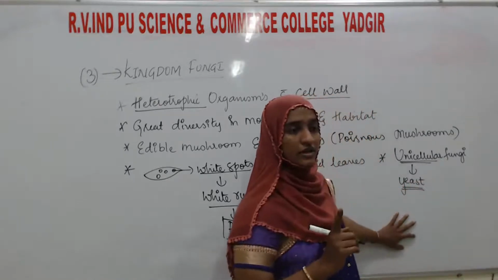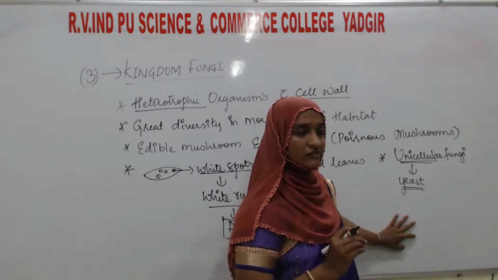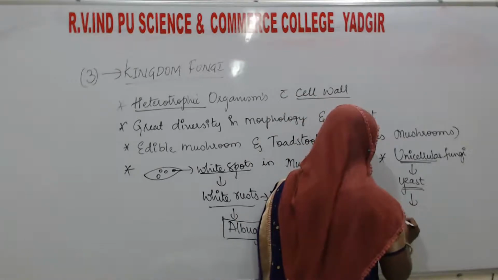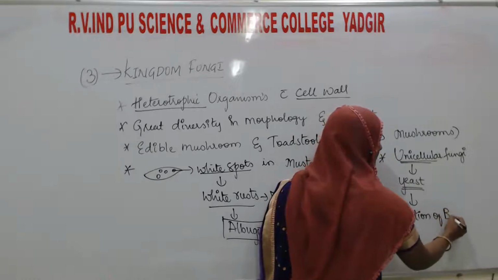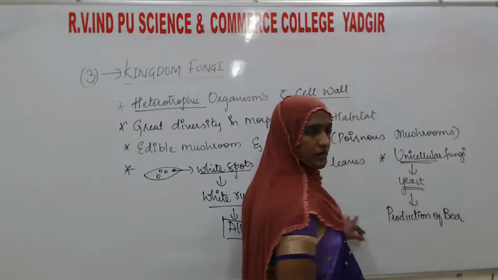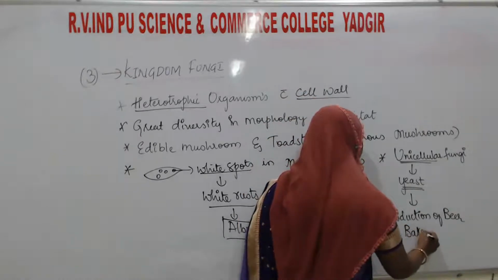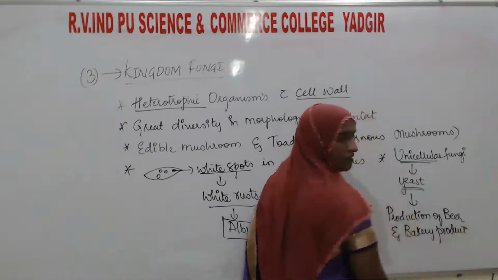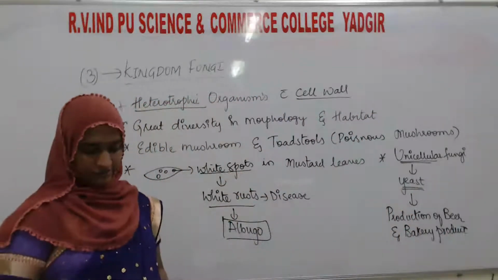Yeast is the only unicellular fungus. This yeast is used in the production of beer, hard drink, and bakery products such as bread, bun and all. Whatever they are using in that, that is yeast.